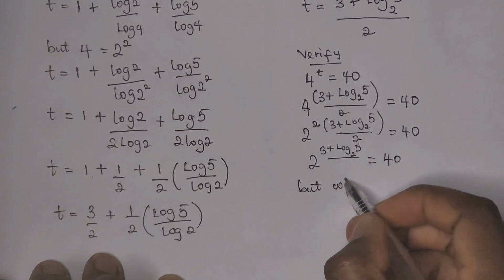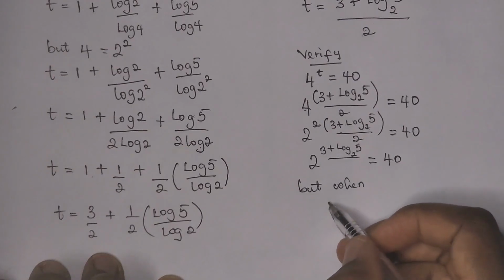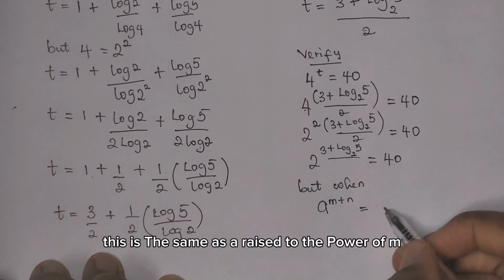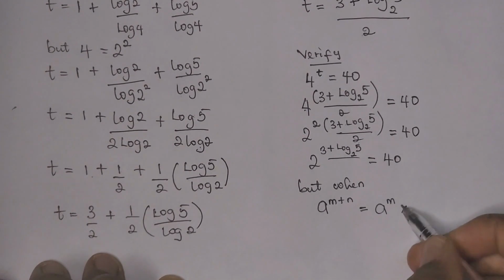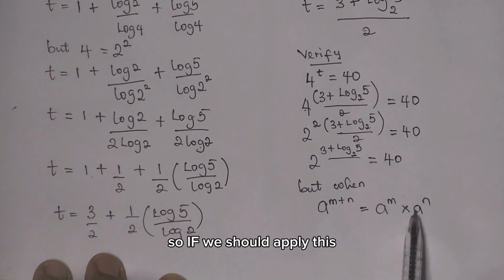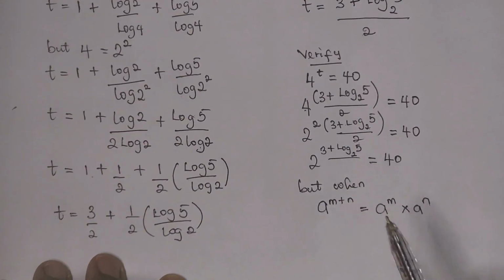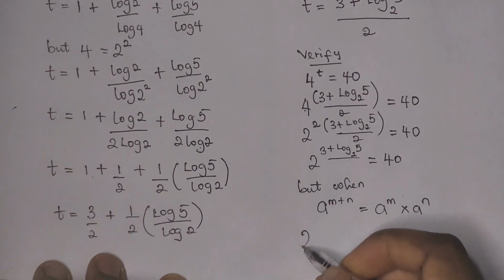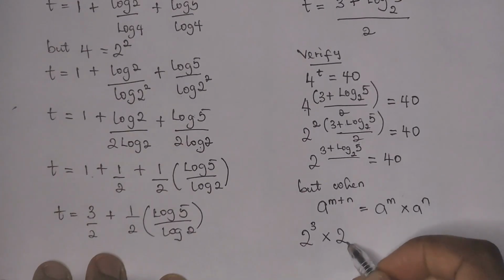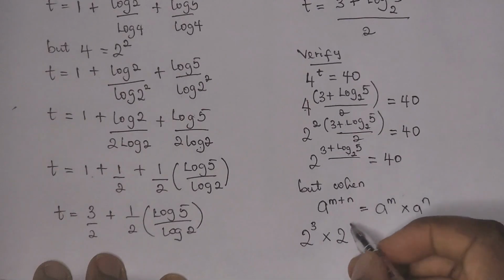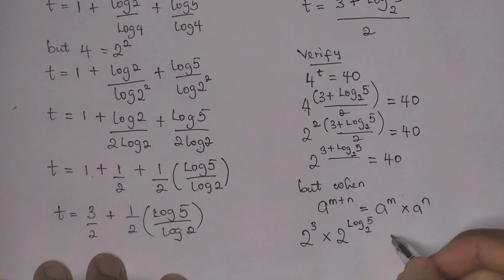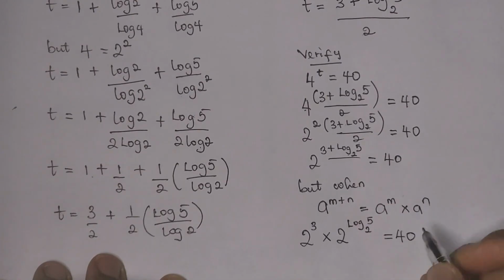But when we have a raised to the power of m plus n, this is the same as a raised to the power of m times a raised to the power of n. If we apply this over here, we'll then have 2 raised to the power of 3 times 2 raised to the power of log to the base 2 of 5, all equal to 40.